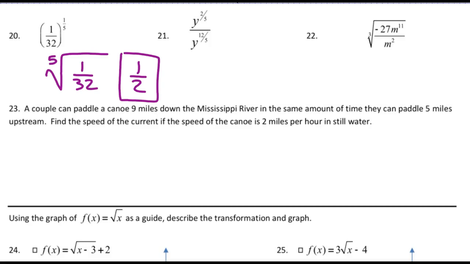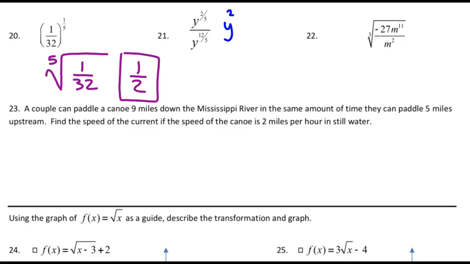Next one, we have power divided by a power. And so what you do when you have, let's just say we had y cubed over y squared, what would that be? Y to the first. So you subtract the exponents. Okay, so in this case, I'm going to subtract 12/5 from 2/5.